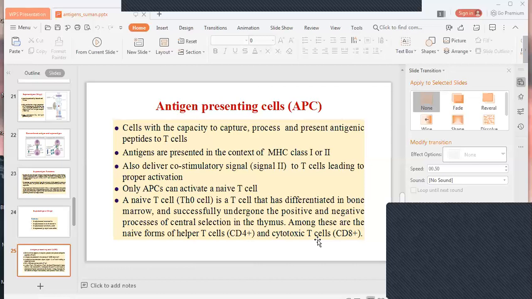One is the helper T cell, one is the cytotoxic T cell. So these are the naive forms of helper T cells, the CD4 plus cells, and the cytotoxic T cells, the CD8 plus T cells.